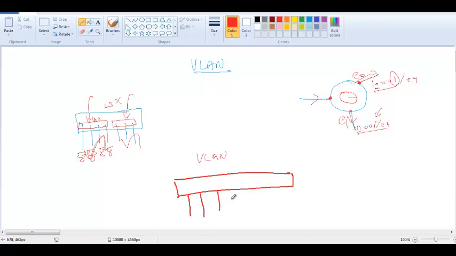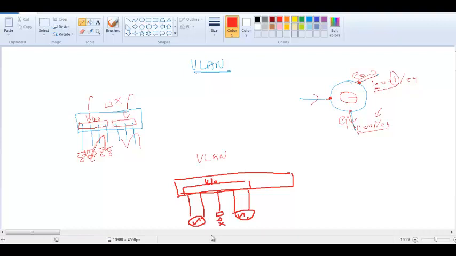Members of the same VLAN, let's say VLAN 10, you want these two to communicate, but this one not to communicate to anyone. Again, you want these two to communicate, and so on. You got a lot of policies like this.